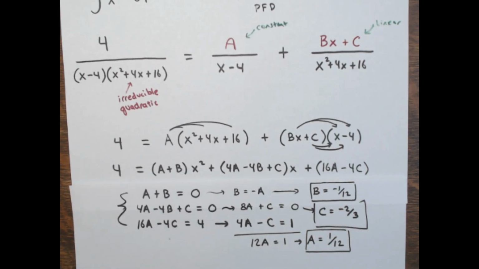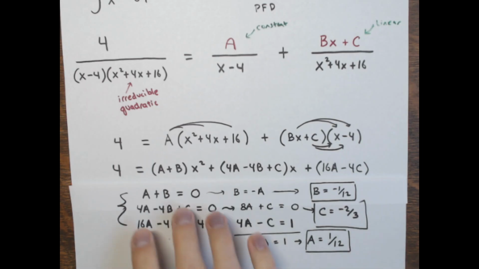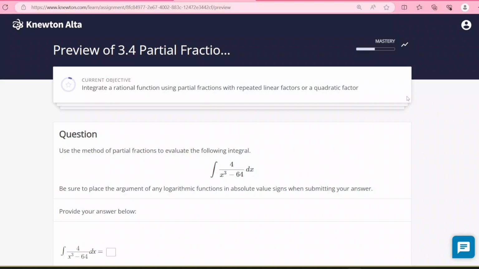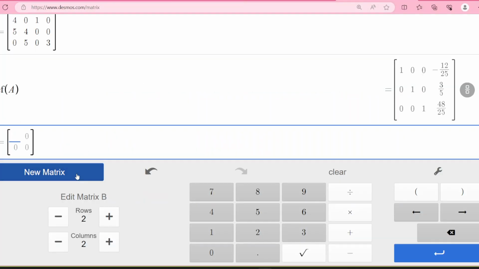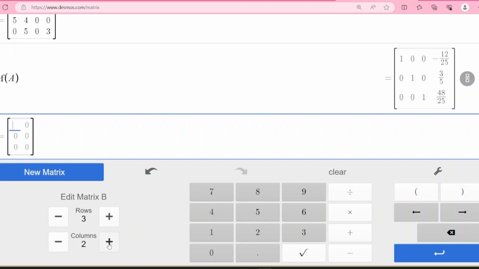Or, remember that little matrix thing I did a while back? Back to that matrix calculator. If I create a new matrix, this one's called B now. There were 3 equations, so 3 rows, 3 variables, so 3 plus 1 columns, 4 columns.